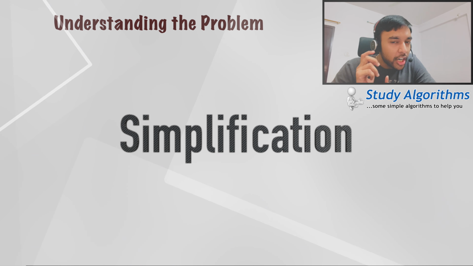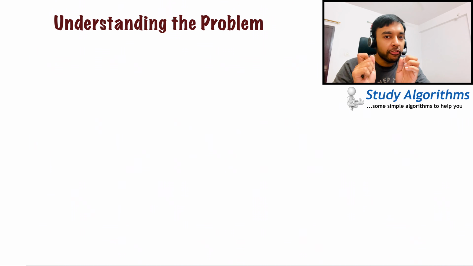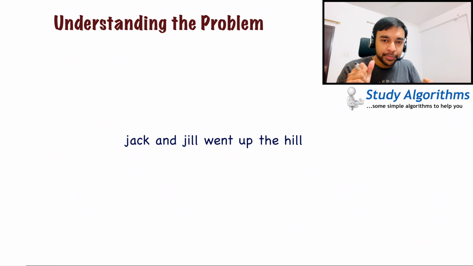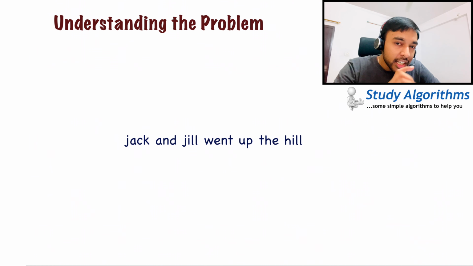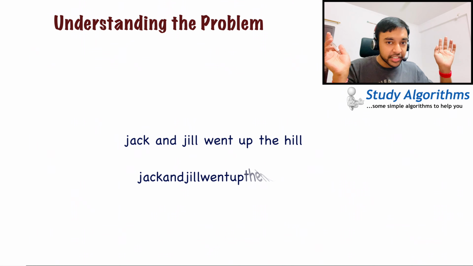Okay, so let us try to understand the problem statement. First of all, how do you separate words in common English? You insert spaces between each word, right? But computer science is all about saving as much space as you can. So it is not a good idea to have spaces in between. So everyone went ahead and removed the spaces.